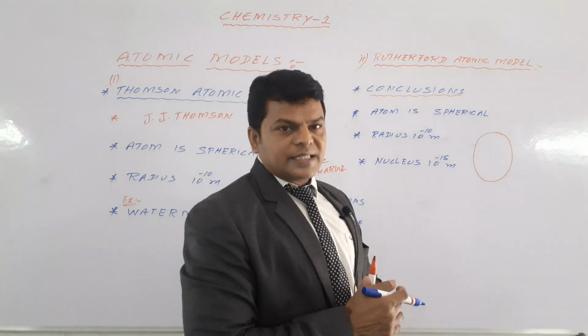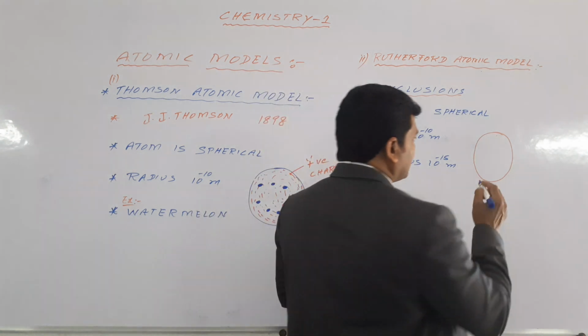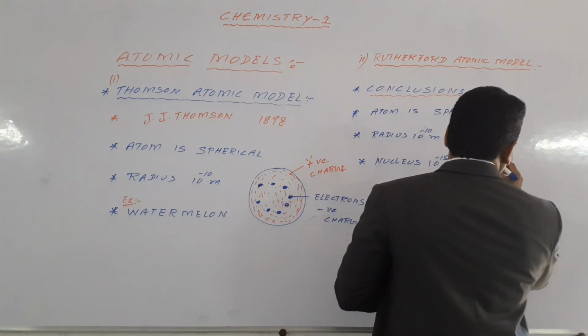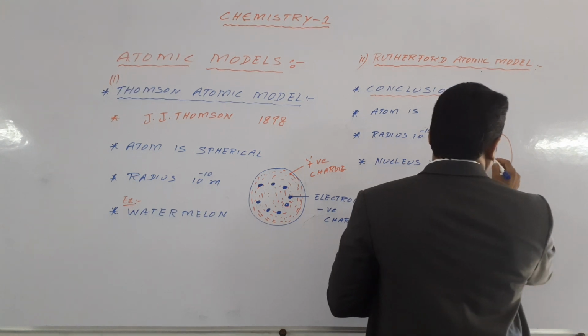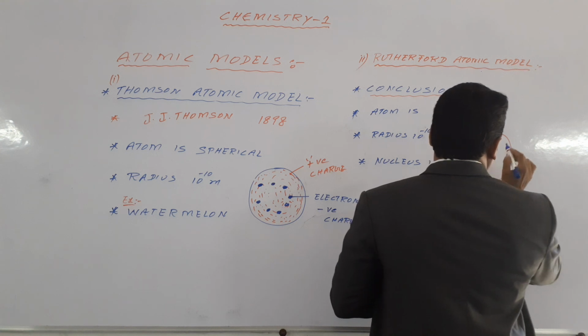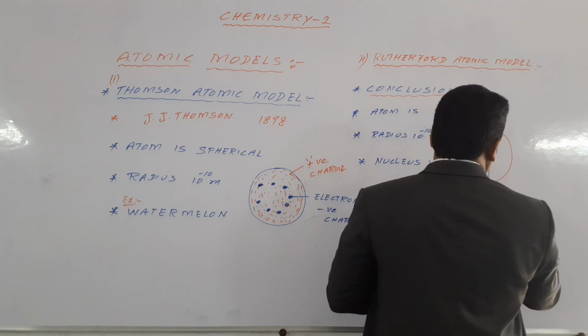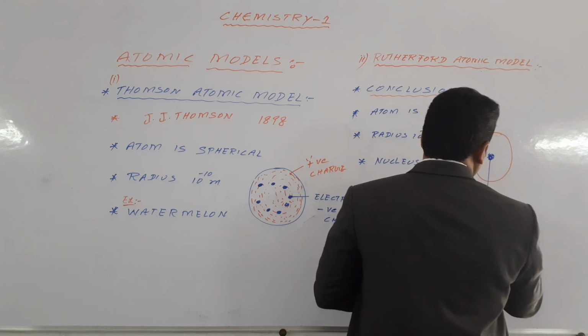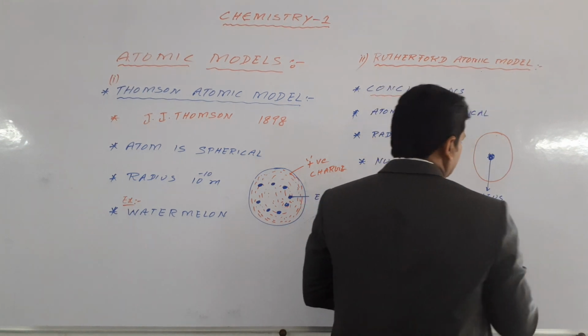Positive charge is concentrated in a small region at the center of the atom. It is called a nucleus.